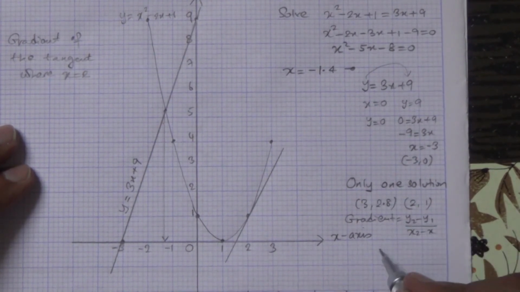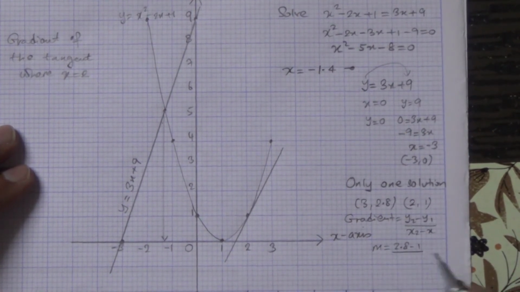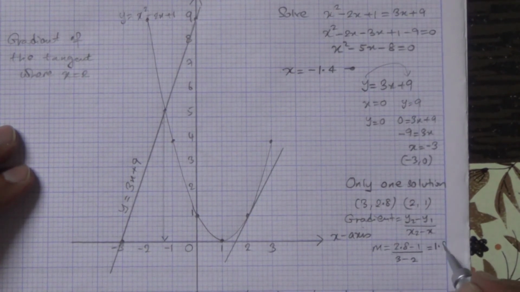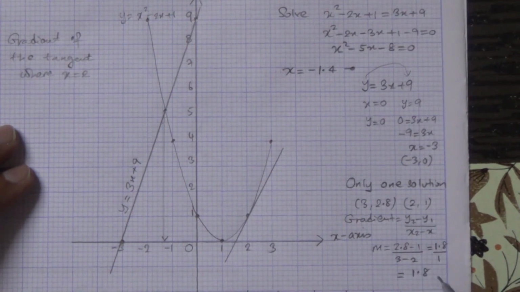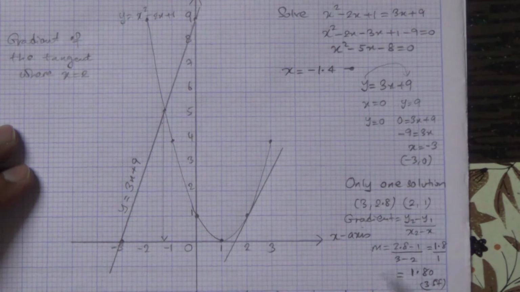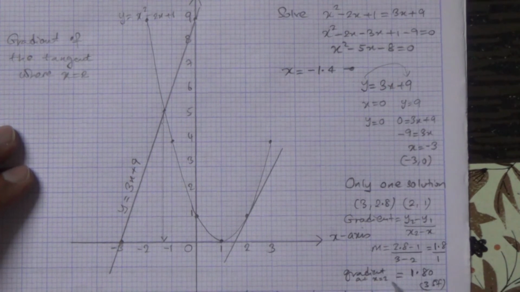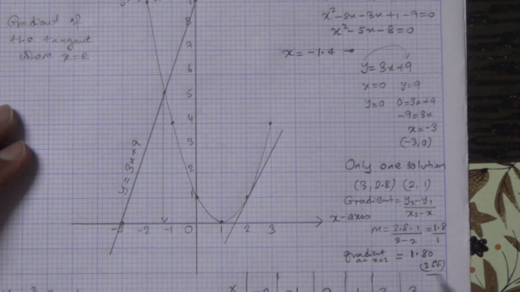That is 2.8 minus 1 divided by 3 minus 2, and I've got that as 1.8 divided by 1, and therefore the answer is 1.8. 1.80 if you want to put the answer to 3 significant figures. So this is your gradient at x is equal to 2, 1.80. That should be your answer to the question.